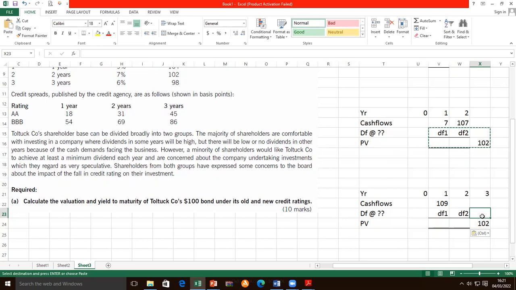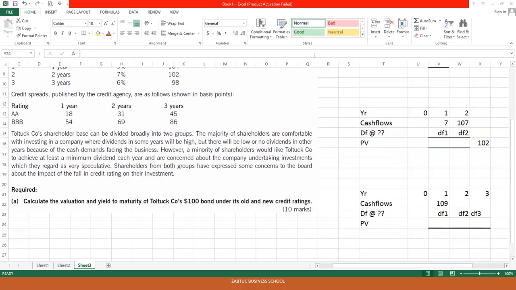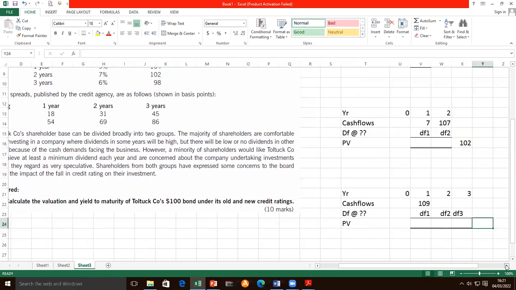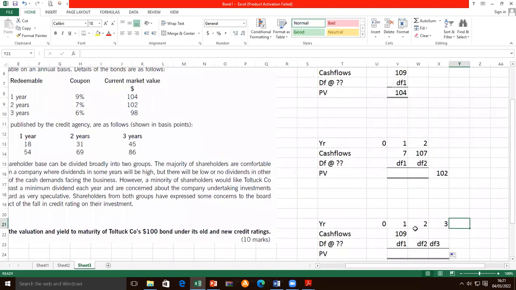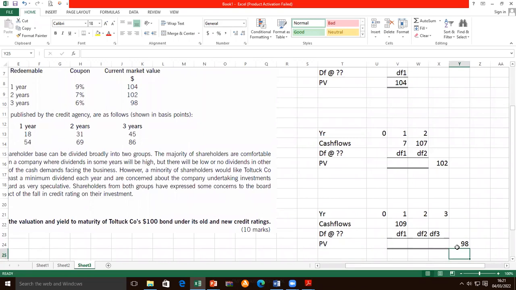Then here you put discount factor number 3. And this will give you how much? What's the value here? 98. Let's try to standardize this to see if we can all be helped.